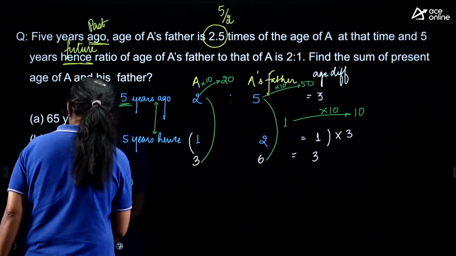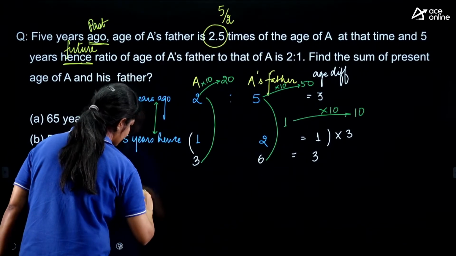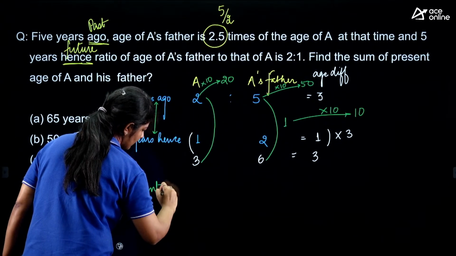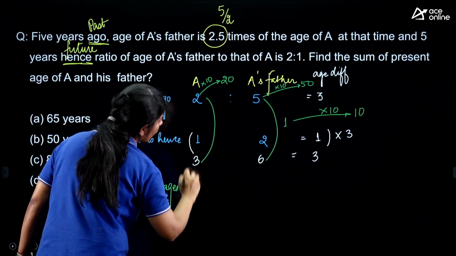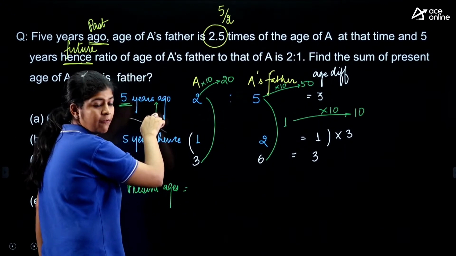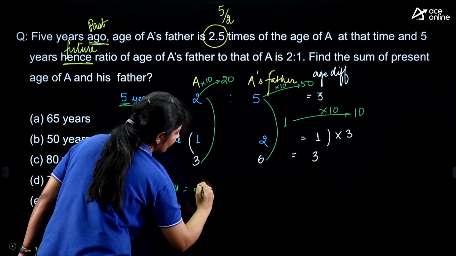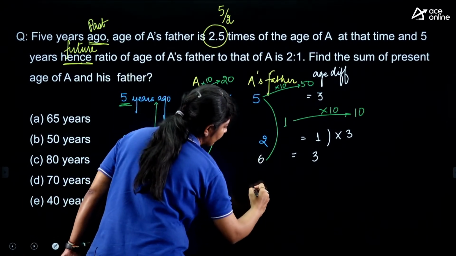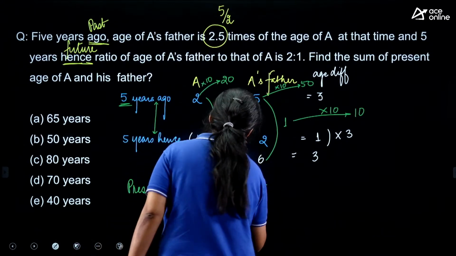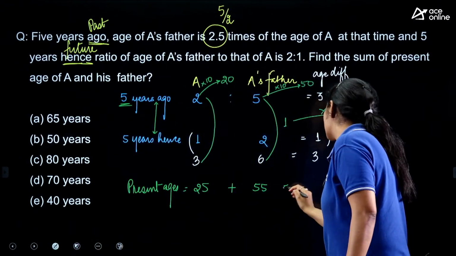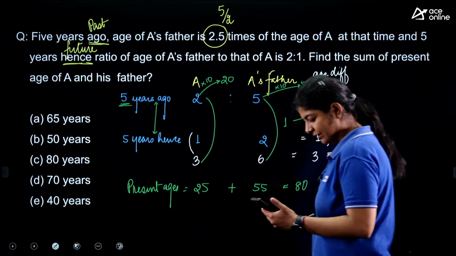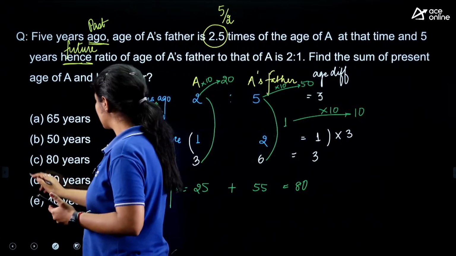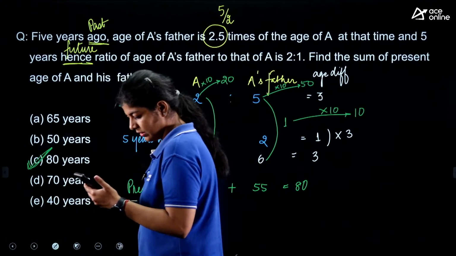So the present ages are 20 plus 5, that is 25, and of the father 50 plus 5, that is 55. And what we have to do is find the sum, and the sum is nothing but 80 years old.